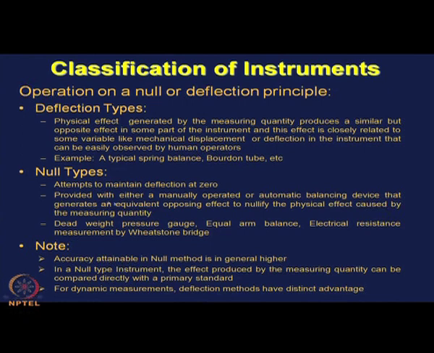These instruments are provided with either a manually operated or automatic balancing device that generates an equivalent opposing effect to nullify the physical effect caused by the measuring quantity. Examples are a dead weight pressure gauge, equal arm balance, electrical resistance measurement by Wheatstone bridge.